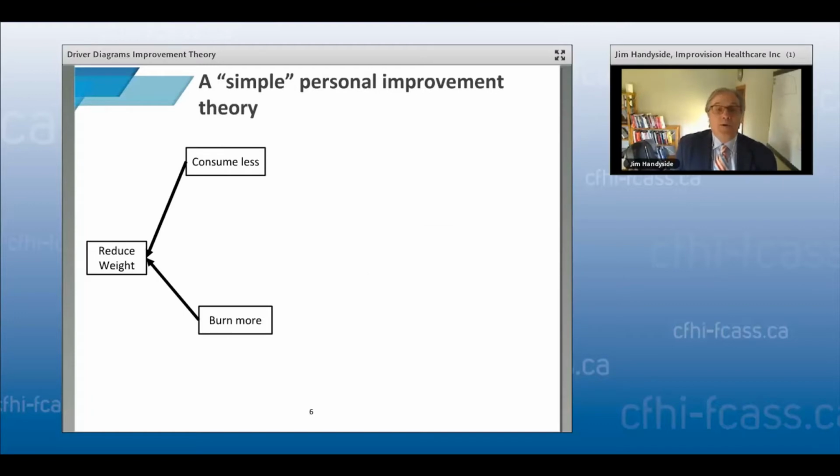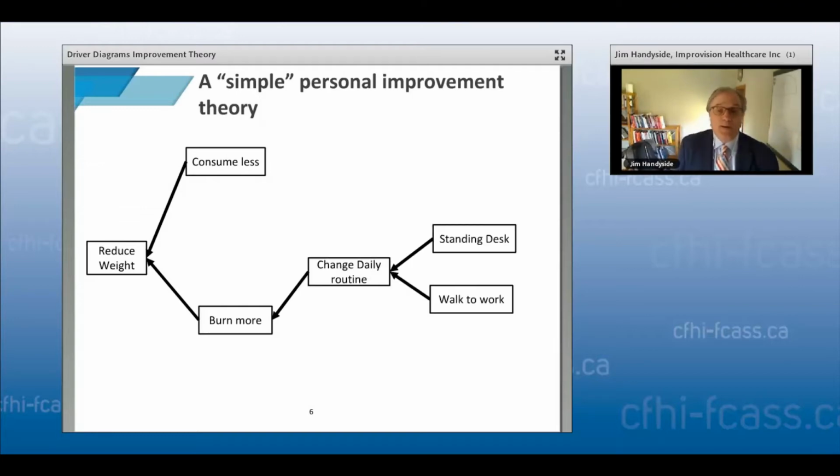In order to burn more or consume less, I would ask myself, which one of these would I think would be better? I might consult some evidence. I might look at weight loss and personal improvement research. It turns out that burning more is actually a better choice, a better choice for me and a better choice by the research. So I'm deciding that there's two things I can do.